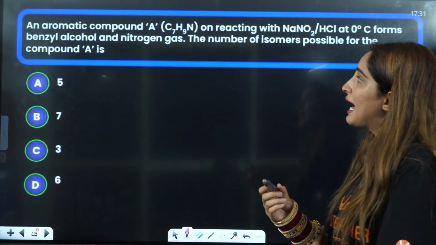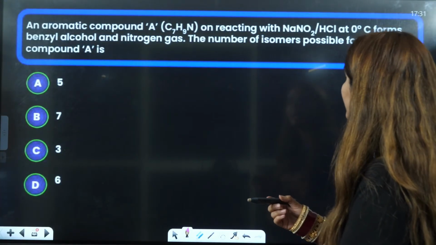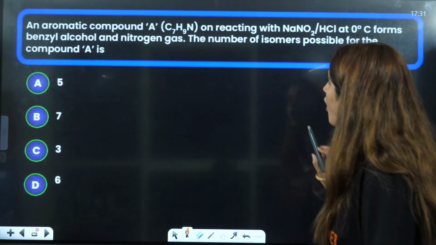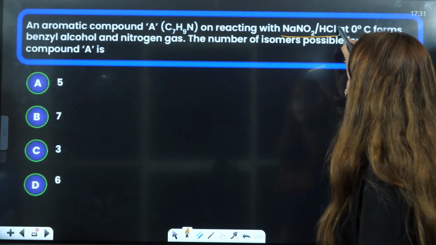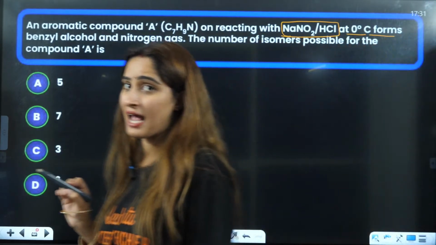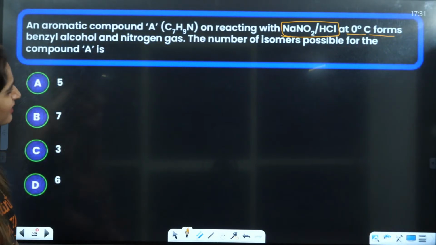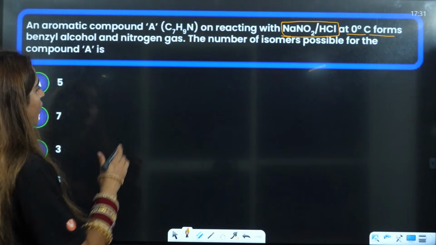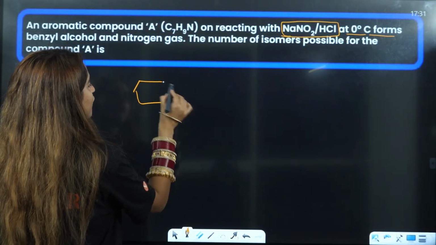Then there is an aromatic compound, a very important question, which on reacting with NaNO2/HCl at 0 degrees forms benzyl alcohol and nitrogen gas. The number of isomers possible for the compound is... see, first you have to see which compound.